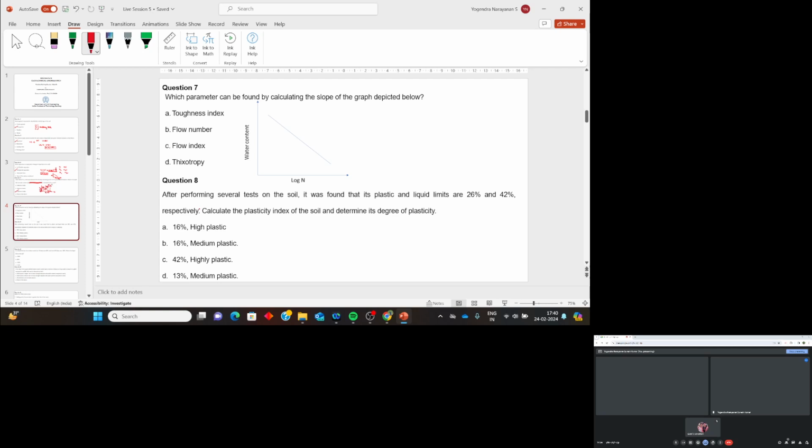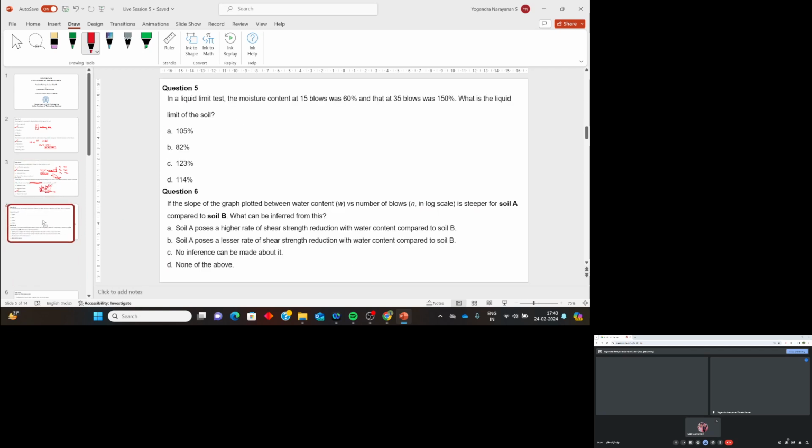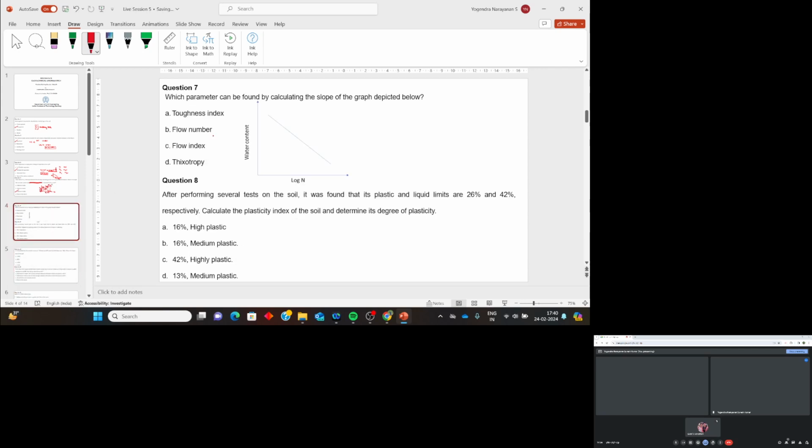So, now let us see this question. Which parameter can be found by calculating the slope of the graph depicted below? Option A, toughness index.